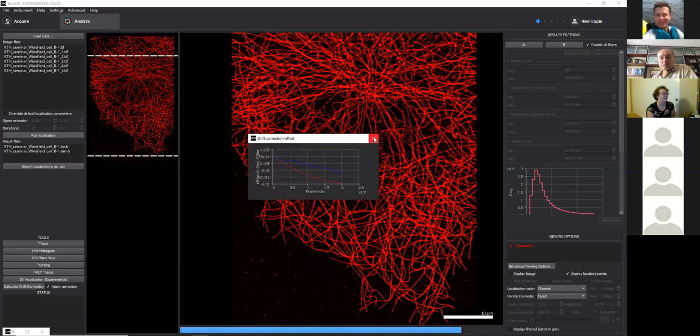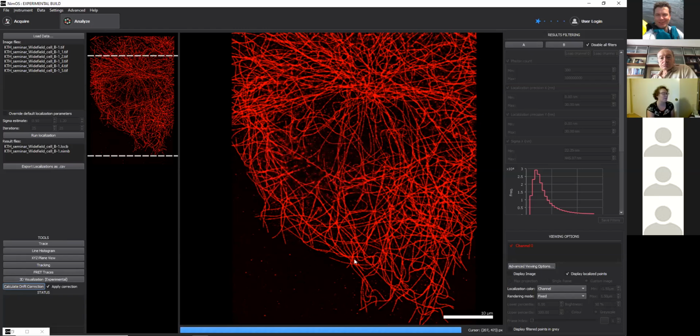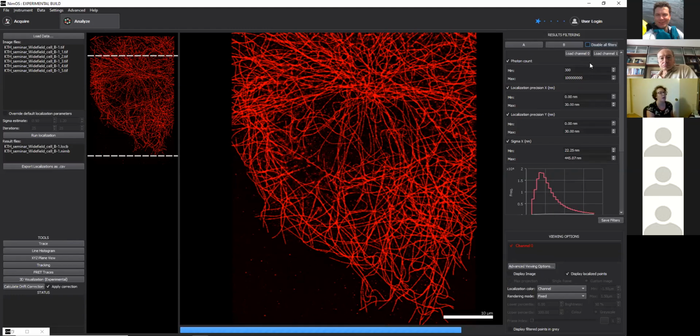Okay, got it. So we've now applied the drift correction, which is excellent. And now we're going to go through those filters. So I'm just going to click disable all filters, and that brings up this menu of filters. And these are pretty standard. So first we have photon count.